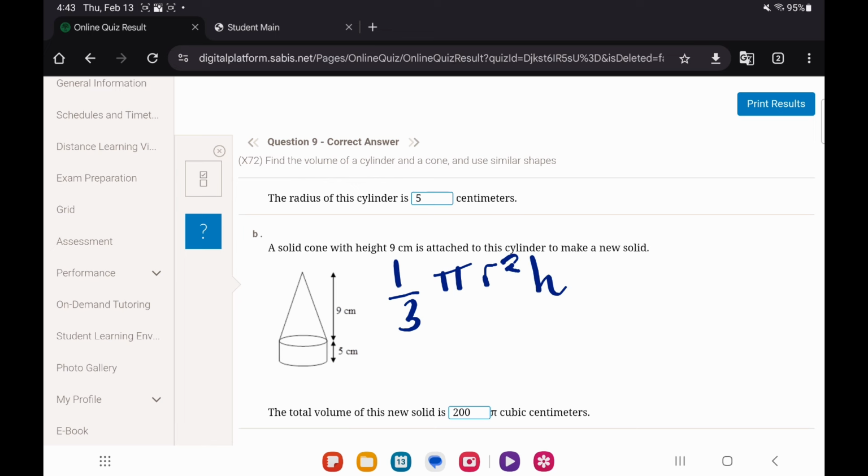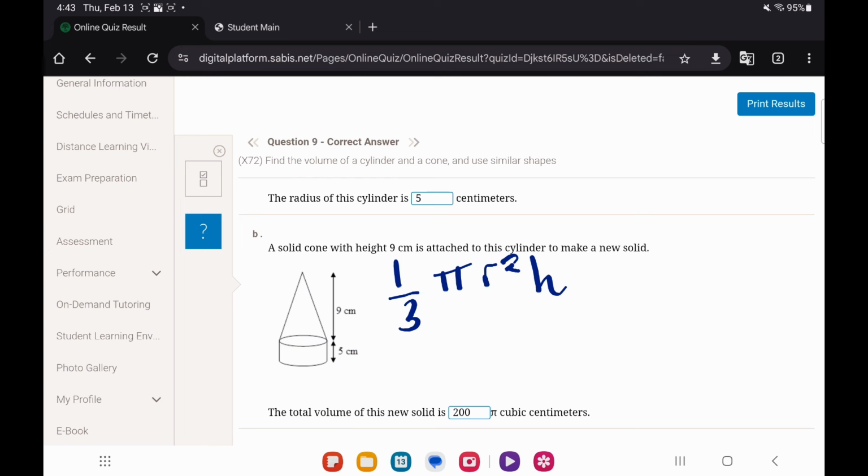It's technically the same as the normal one, but only the 1/3 is different. So we're going to find the volume of the cone, and then add it to the volume of the cylinder, so we can find the total volume.